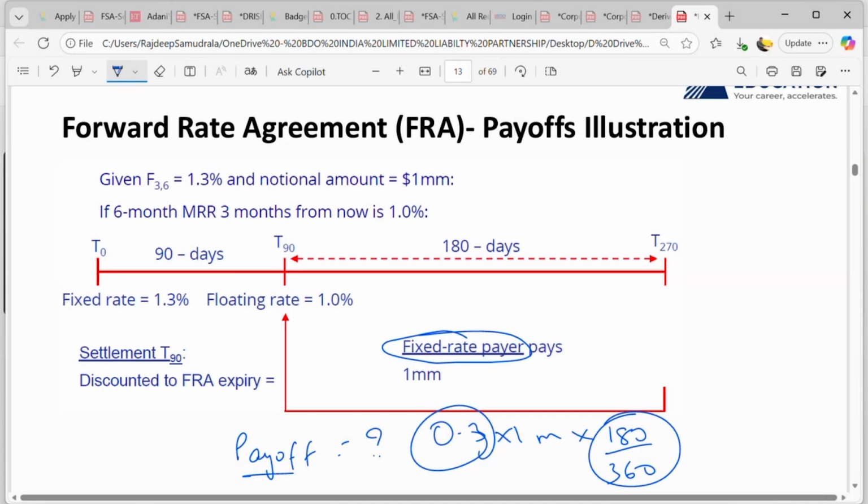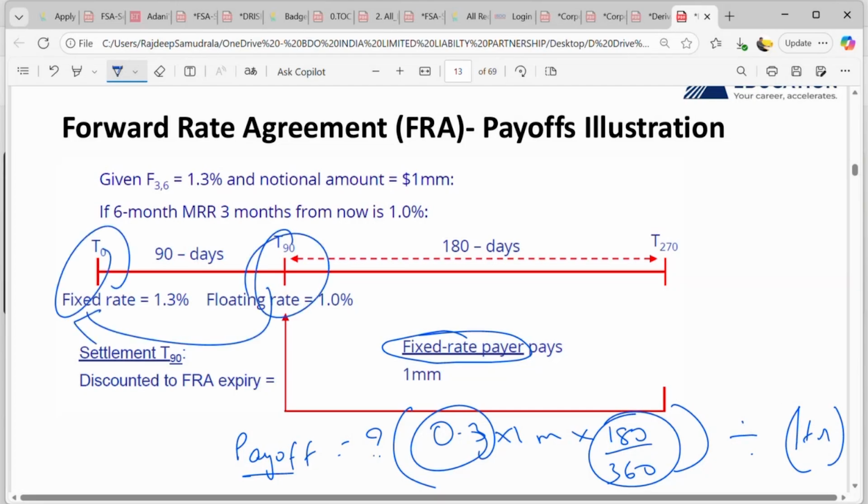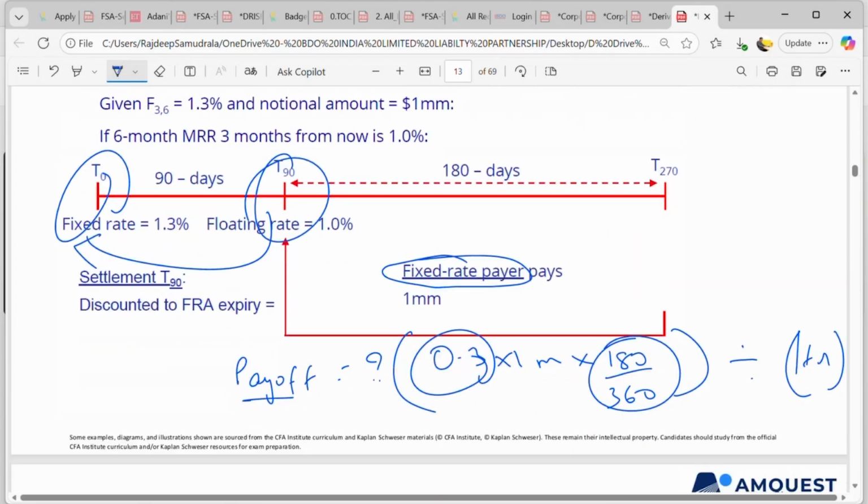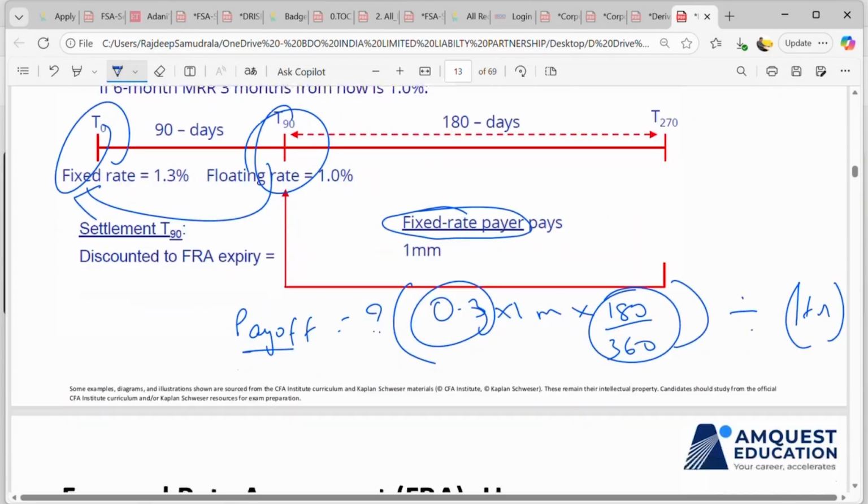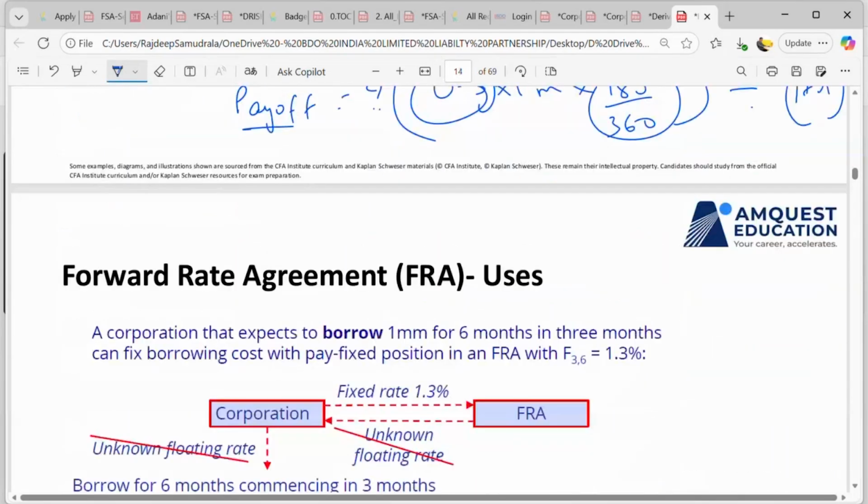And further, if you want to discount it, then you'll divide by 1 plus R, if you bring it to this value. Remember, this payoff will normally happen at which date?